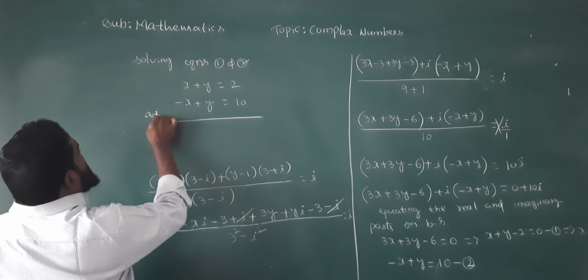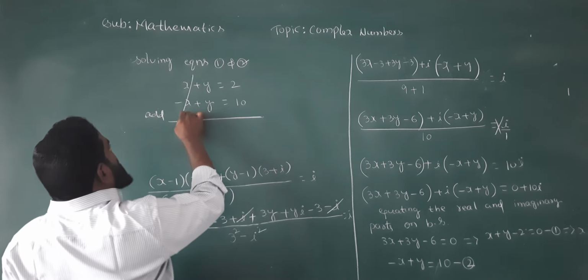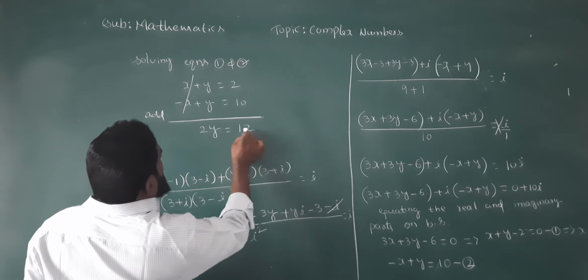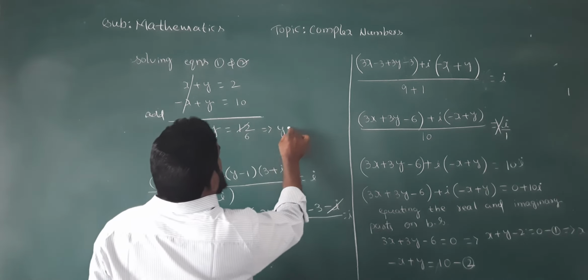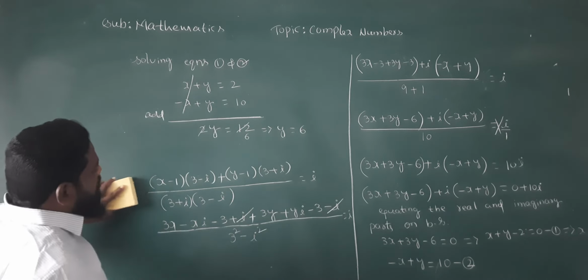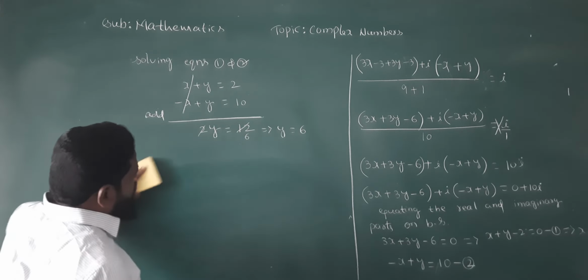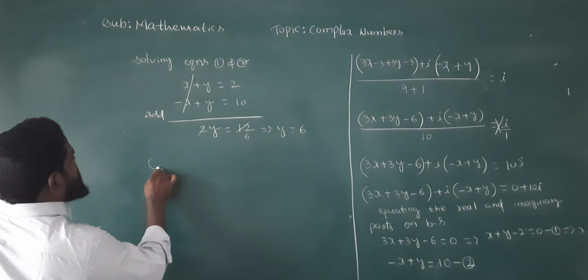Adding the equations, x gets cancelled, 2y equals 12. What is the y value? 6. Put that value of y in either equation 1 or 2 to get the value of x.